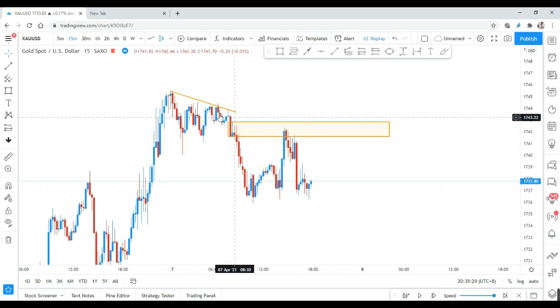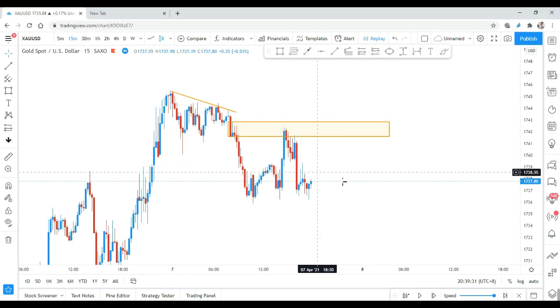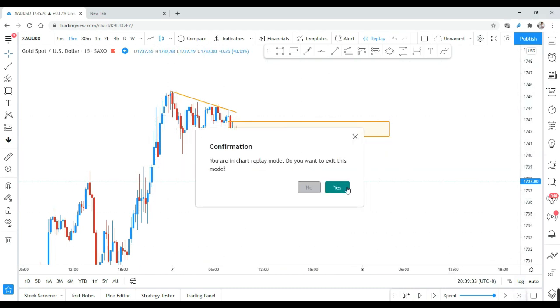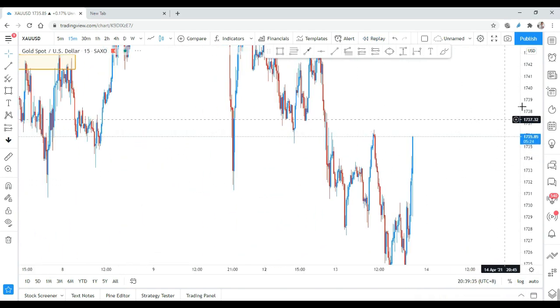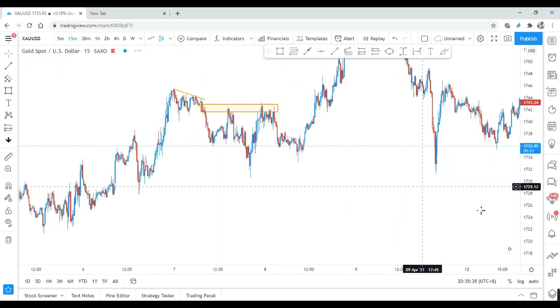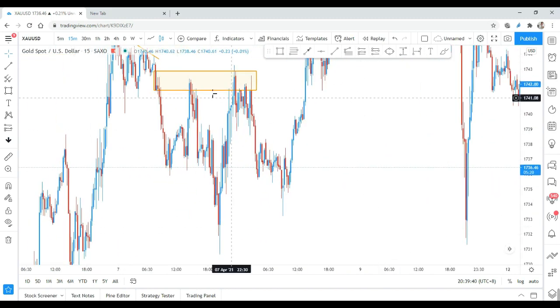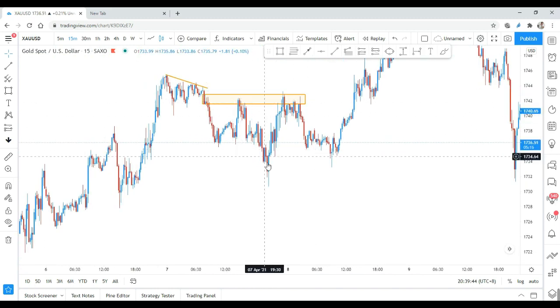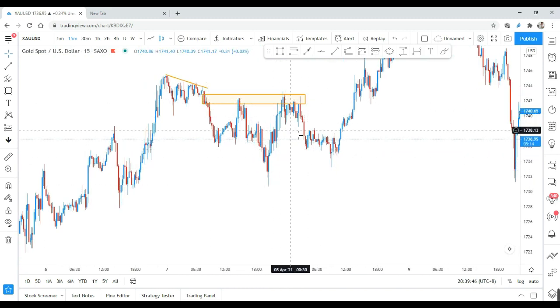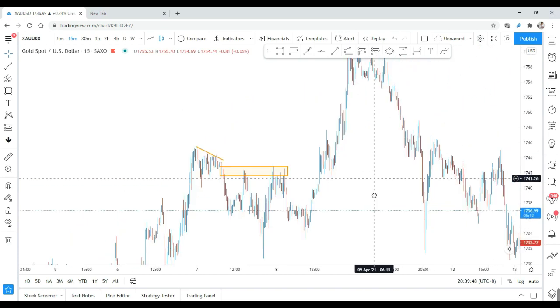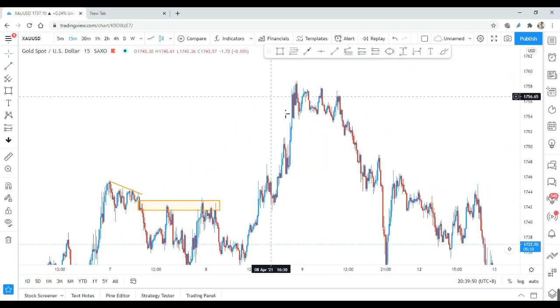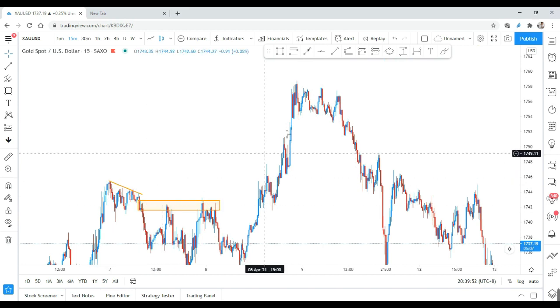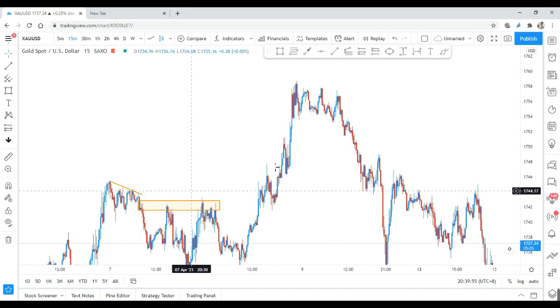Does this kind of pattern occur again and again? Yes. Consider that this was our movement just now. If you look at it at this point, does it look familiar or similar?